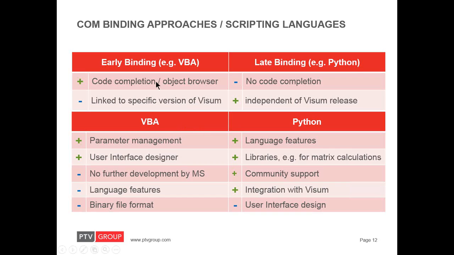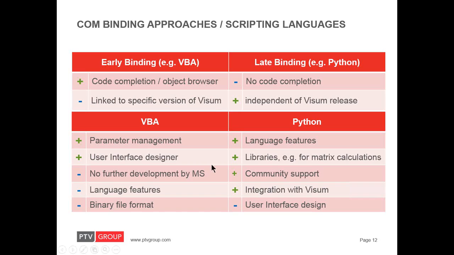But comparing these, in early binding, you get the benefit of code completion and the object browser, which really facilitates developments. In late binding or in Python, you don't have that. But on the other hand, in early binding, you're mostly bound to a specific version of Visum, while in late binding, you're independent of a Visum release.